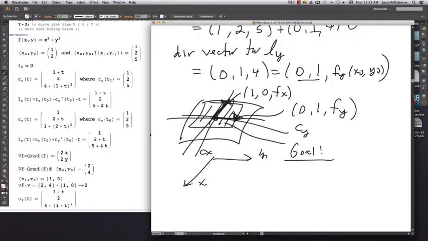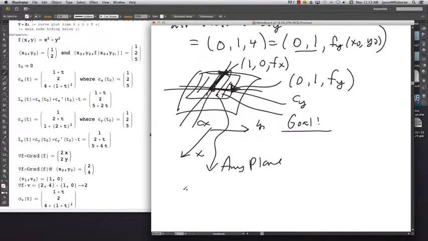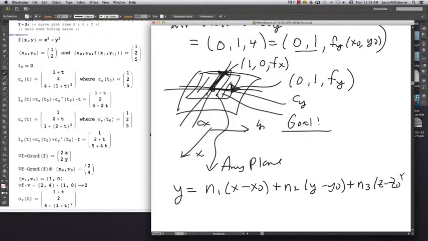So, what do you need to find the equation of any plane? Isn't it of the form 0 equals n1 times x minus x naught plus n2 times y minus y naught plus n3 times z minus z naught. And in this case, our z naught value right here is just going to be the function evaluated at x naught, y naught.